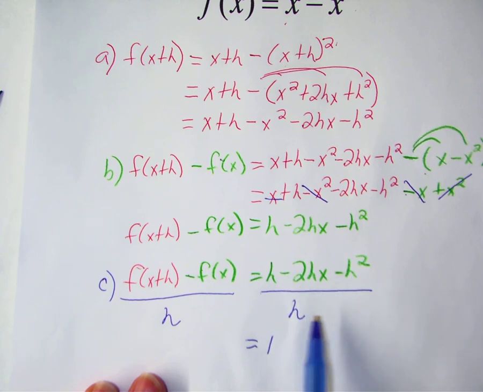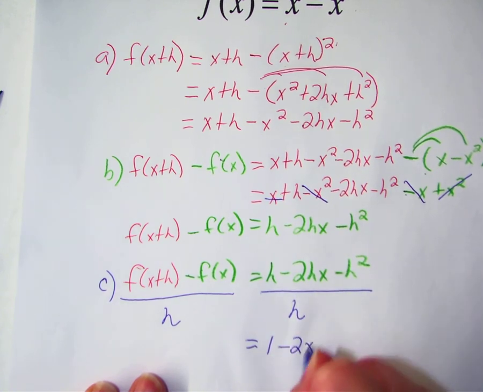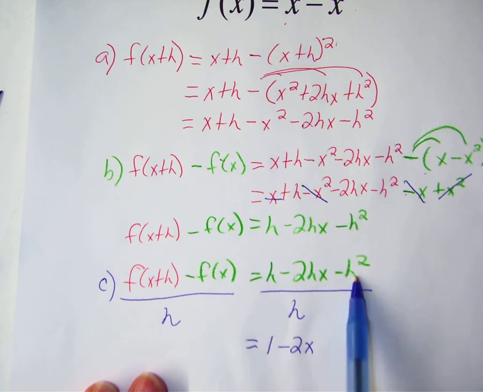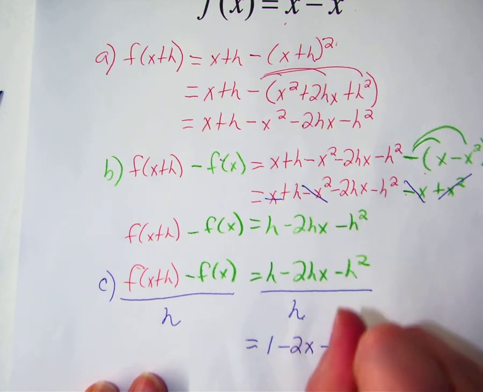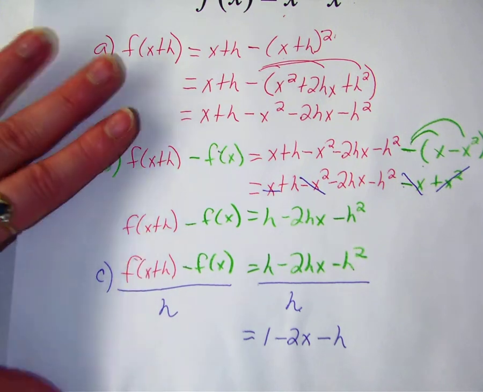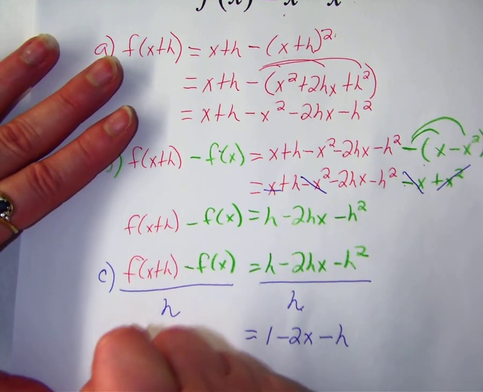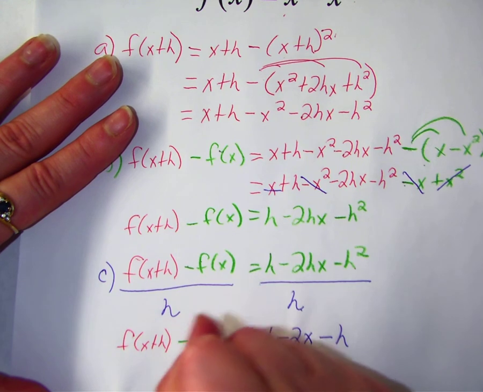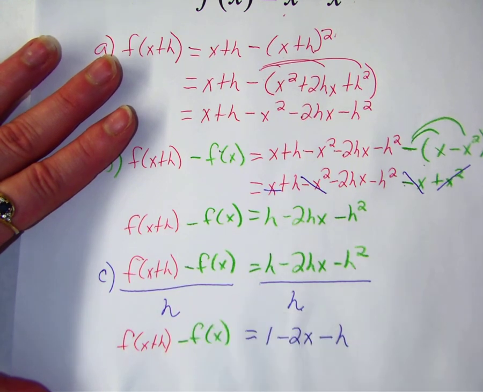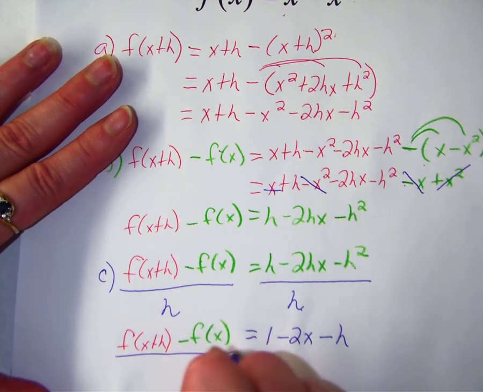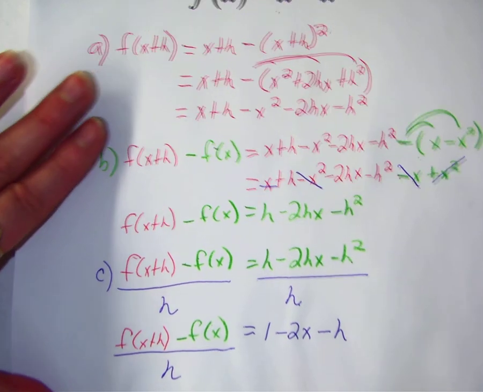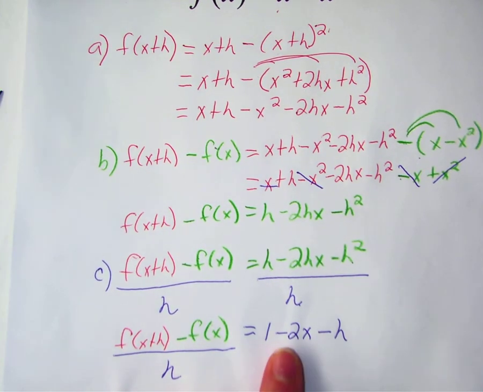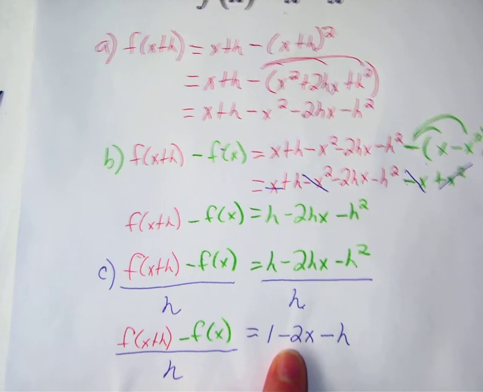Negative 2hx divided by h, the h will cancel. And negative h squared divided by h is negative h. So that's the difference quotient. Okay, that's the final answer, 1 minus 2x minus h.